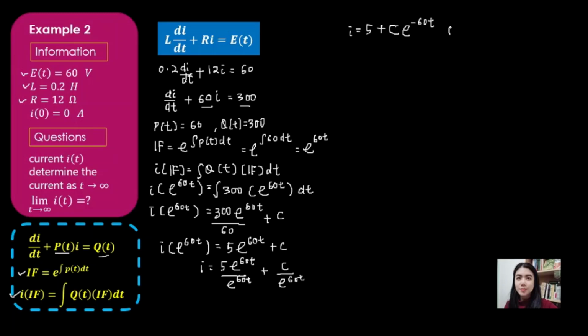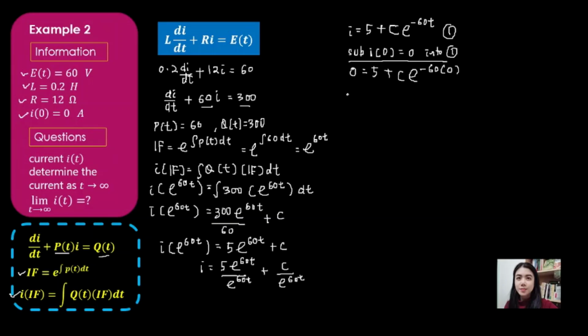Let's name this equation number 1. Now we are going to find the value of C. Substitute I0 equal to 0 into equation number 1. So the current is 0, and you have 5 plus C e^(-60) times 0, since time is 0.